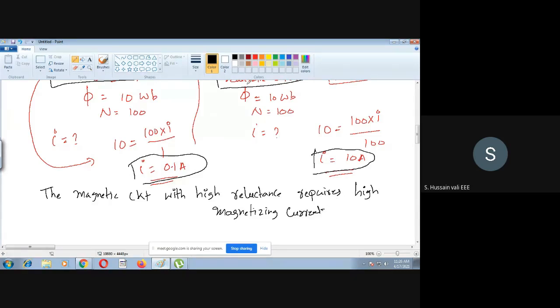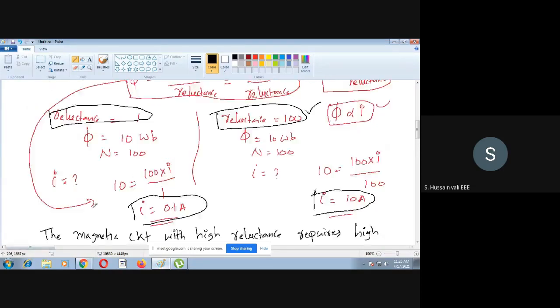This is the conclusion you got from this simple example, that whichever magnetic circuit is having high reluctance, for that core to magnetize, you require more current. So more reluctance, more magnetizing current you require. So this is the logic we understood from this simple example.